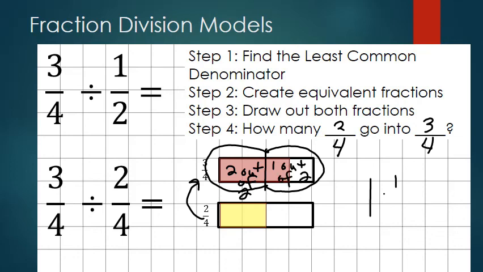That's going to be our fraction. So how many 2/4 go into 3/4? We can say there's 1 whole group and 1/2. And so in solving the problem 3/4 divided by 1/2, we know that our answer, the quotient, is going to be 1 and 1/2.